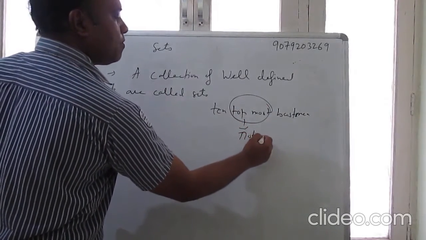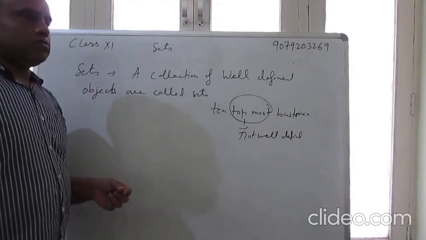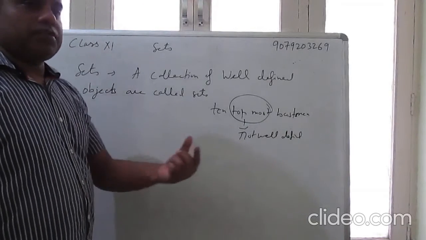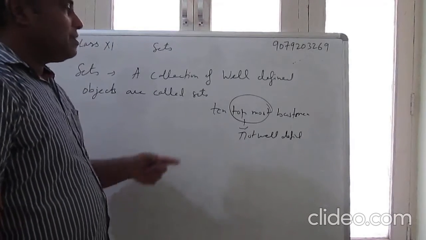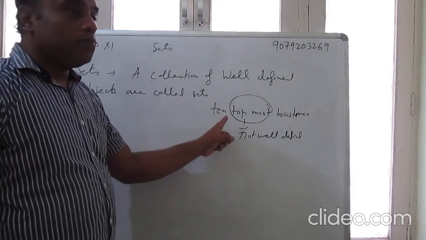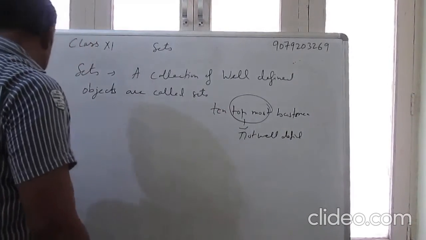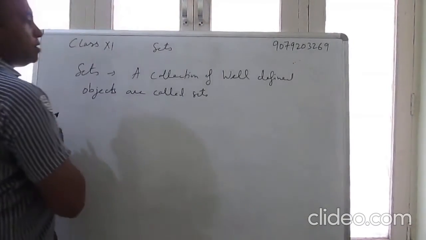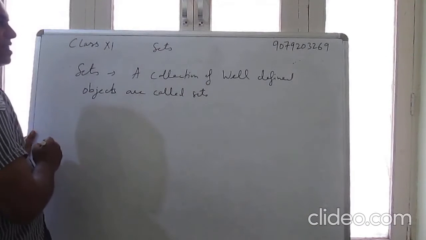Because for me some are topmost, for someone else some others are topmost. So some criteria should be there: who scored more runs? So, a collection of well-defined objects is called a set.